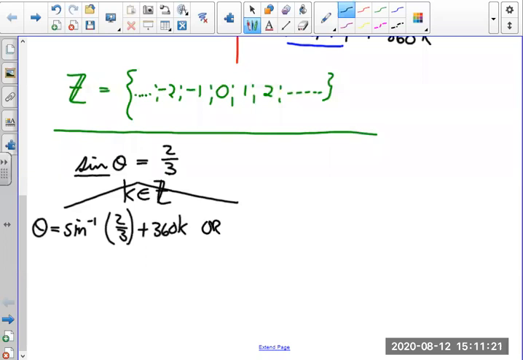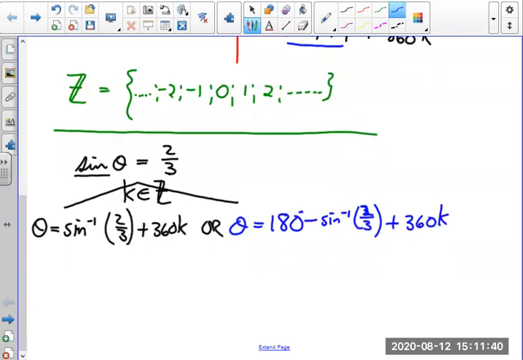or your other leg is theta is equal to 180 minus shift sine 2/3 plus 360k. And you just simplify and you're done. So that will still give you the 41,81 plus 360k.